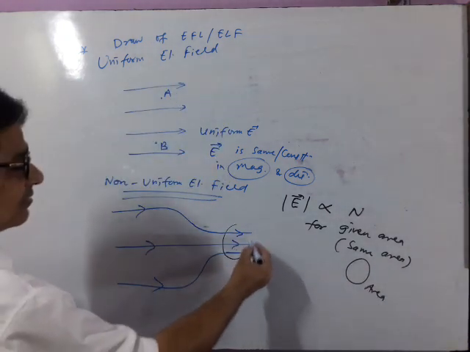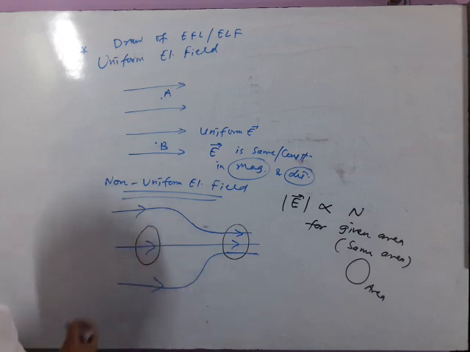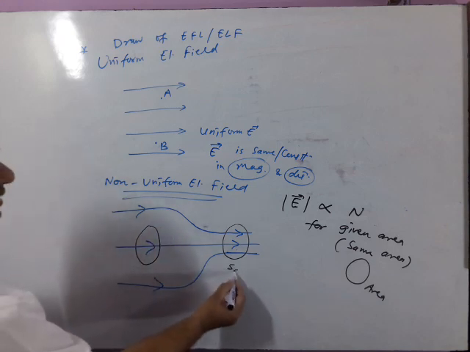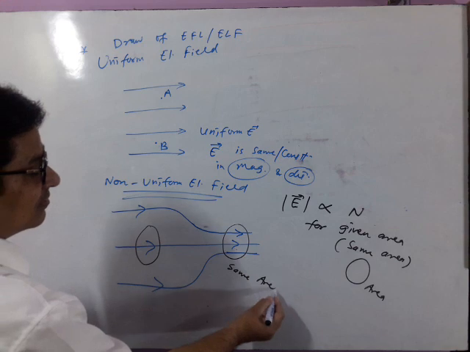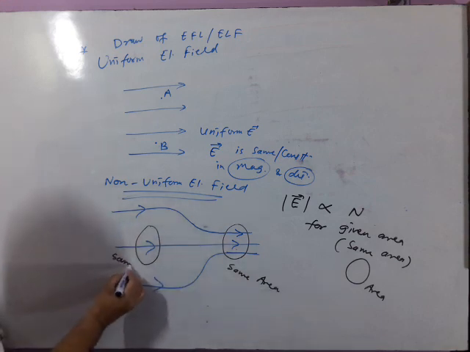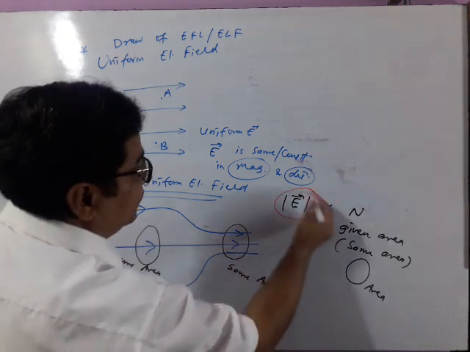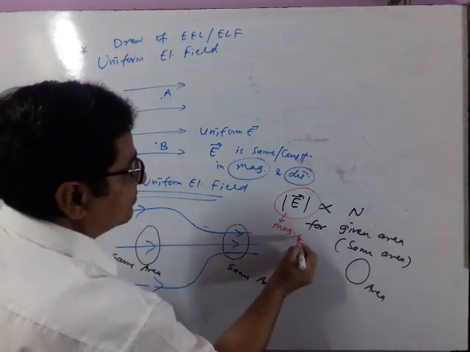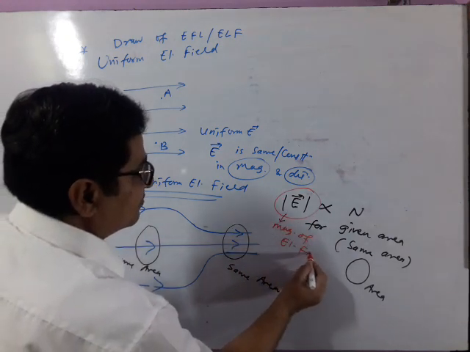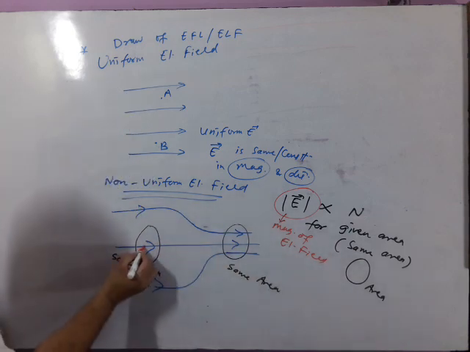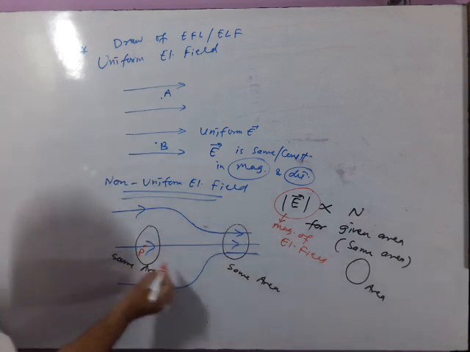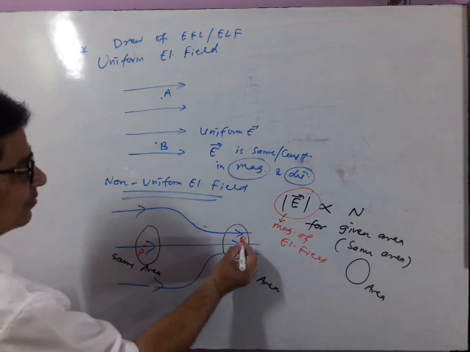Now place here and here. Same area should be taken. Then you can tell the magnitude of electric field at 2 points. Let us say it is point P and it is point Q.